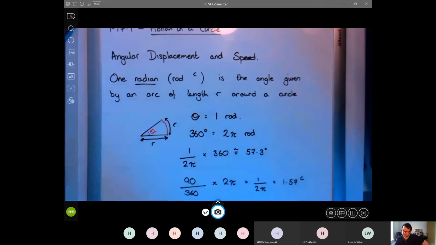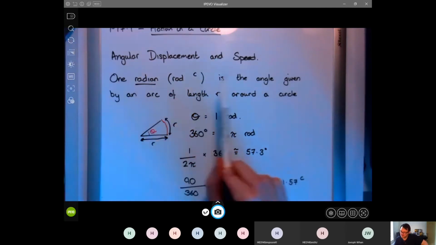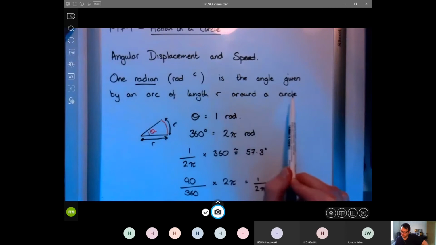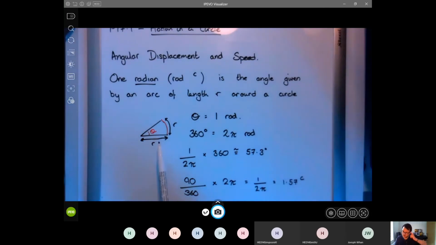So here it is. 1 radian, rad, is the angle given by an arc of length r around the circle. Here we've got a slice of our circle. The arc's length is r, the radius is r. So this angle theta is 1 radian. Now we know that 360 degrees, a full circle, is 2 pi radians, because that's what we've seen when we look at that diagram, and we know there's 2 pi around it.